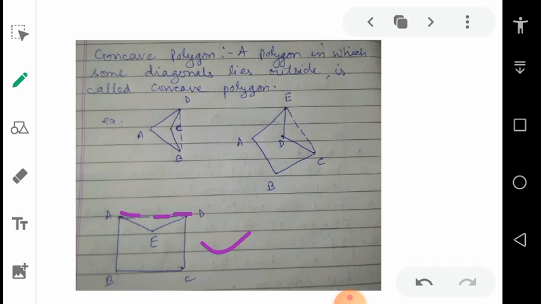Hence we can say that in a polygon, if the diagonal or the diagonals lie outside the polygon, that is called a concave polygon. So this is the criterion by which we can divide the polygons on the basis of the diagonals.